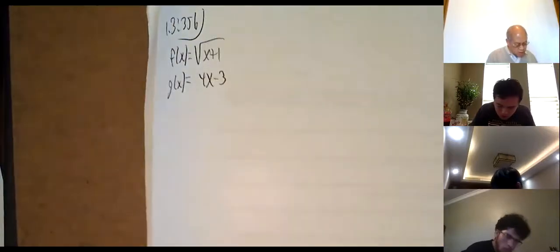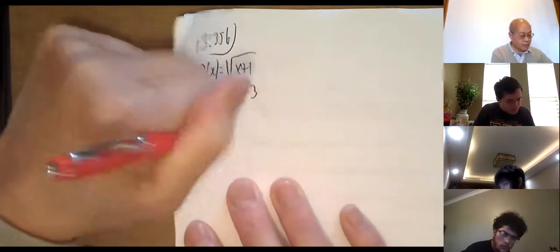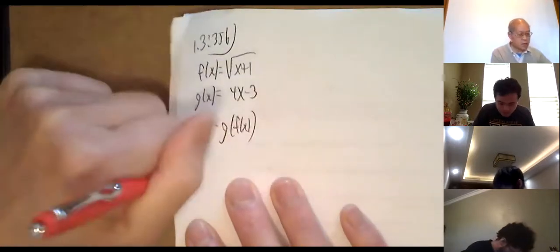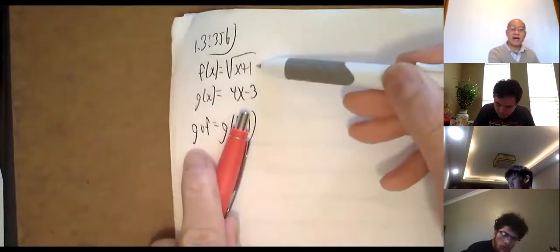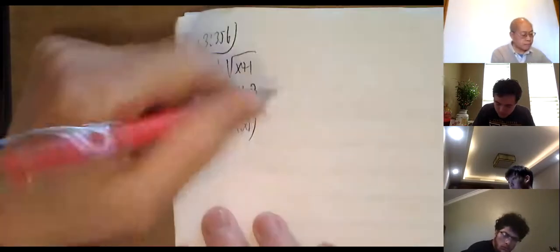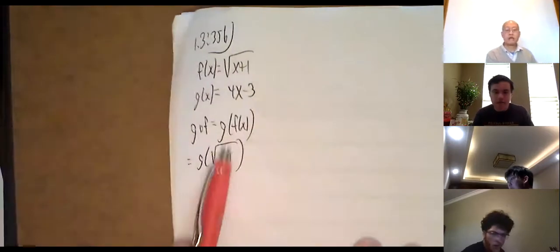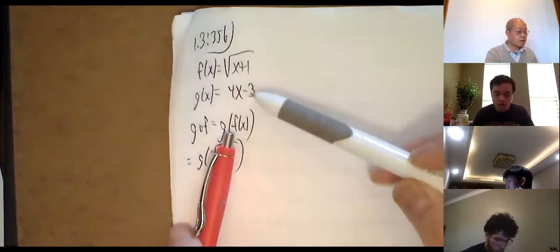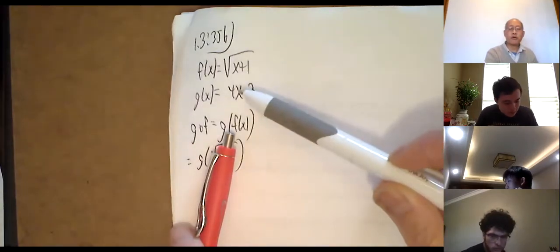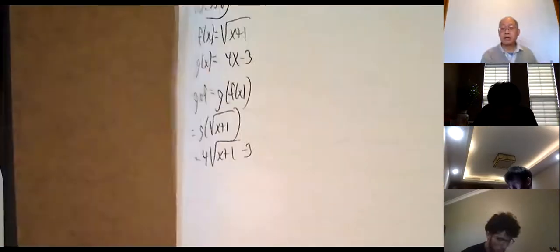The second part is g circle f. So g circle f is g of f of x. What is f of x? F of x is radical x plus 1. So g of radical x plus 1. Cover it up. And now whatever is behind my pen goes right over here for g. So it's 4 whatever minus 3, like that.